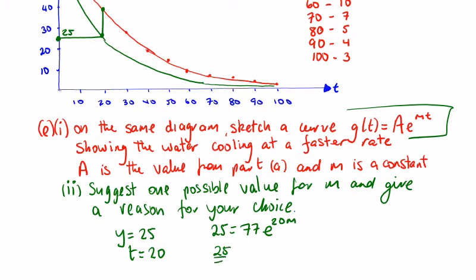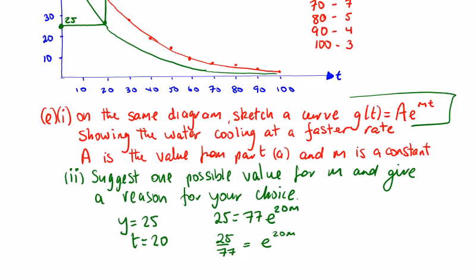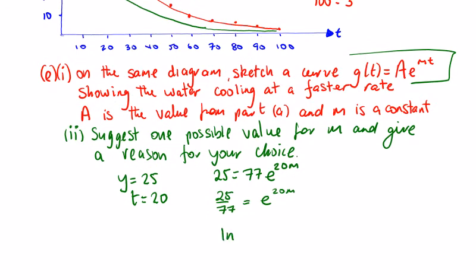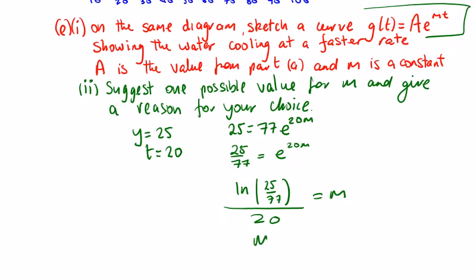So 25 over 77 is equal to e to the power of 20m. So we get the natural log of 25 over 77. That's going to be equal to 20m. So if I just divide by 20, I'm going to get a value for m. And this is going to give me minus 0.056. So m is equal to minus 0.056.